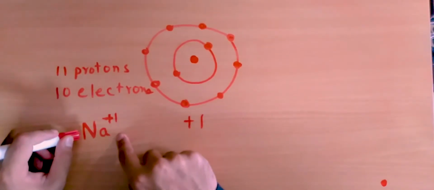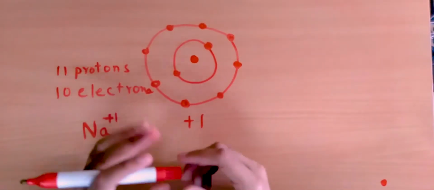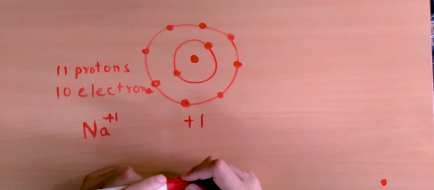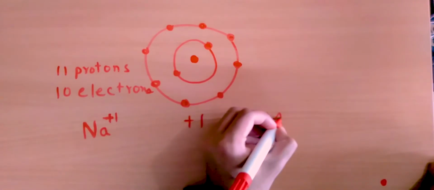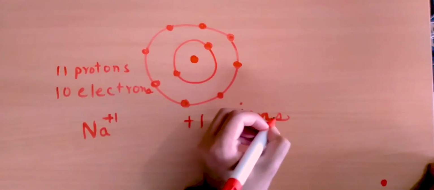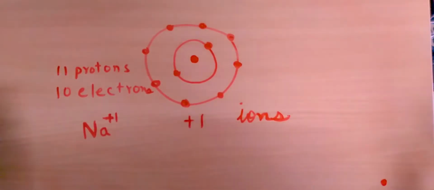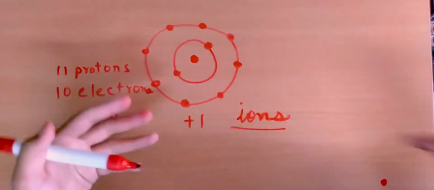Now, just like this atom, we can have other charged atoms, and such charged atoms are called ions. I-O-N-S, ions.